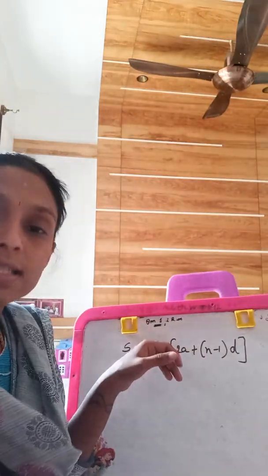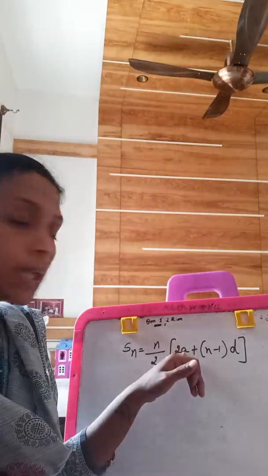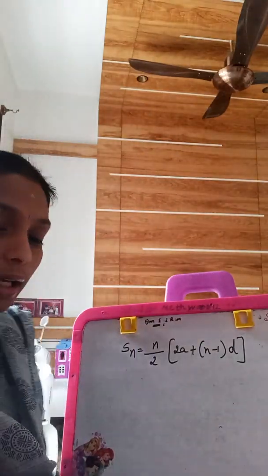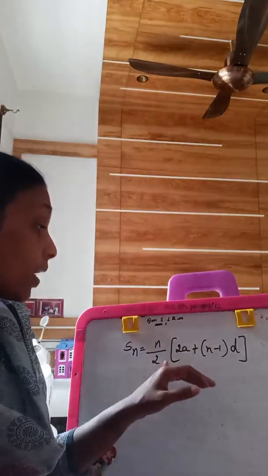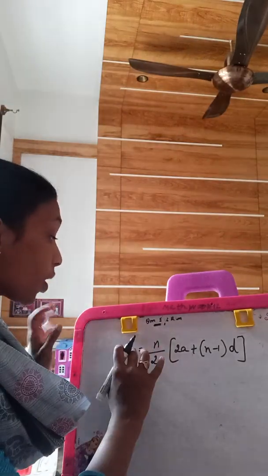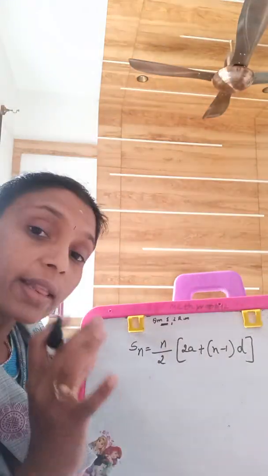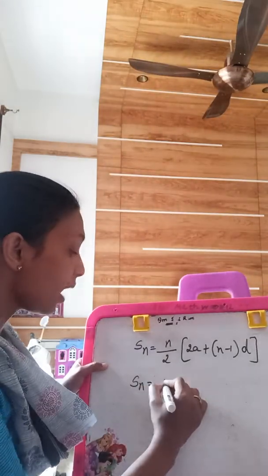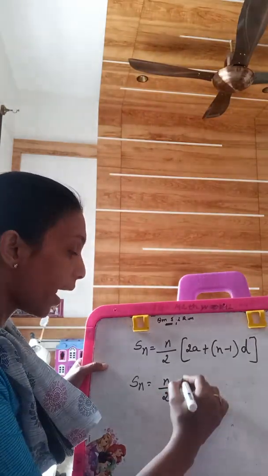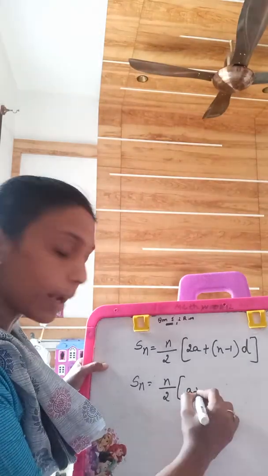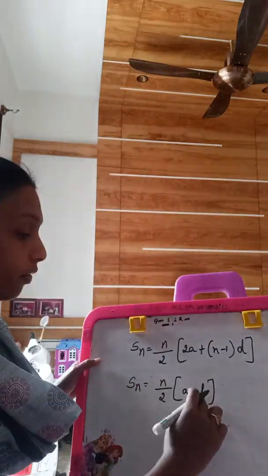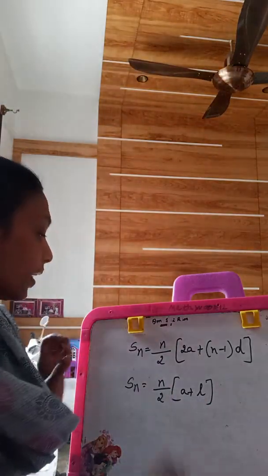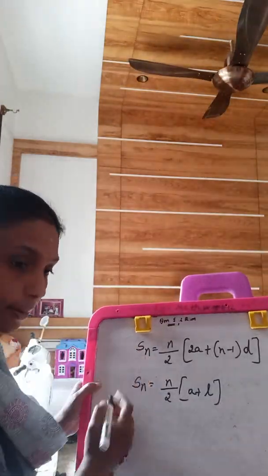N is the number of terms, A is the first term and D is the common difference. When they have given a finite sequence and you know the last term, you have the formula Sn is equal to n by 2 into (A plus L). Understood? Now, let us consider one example for this.